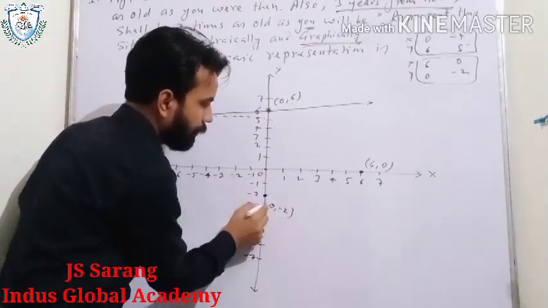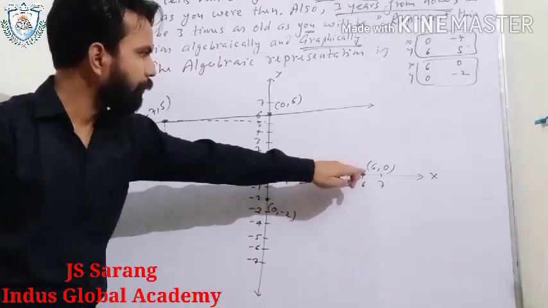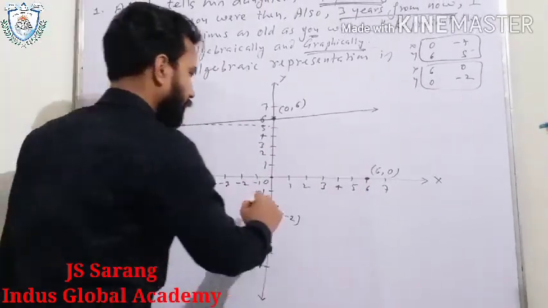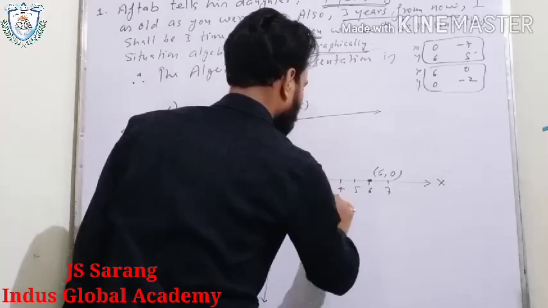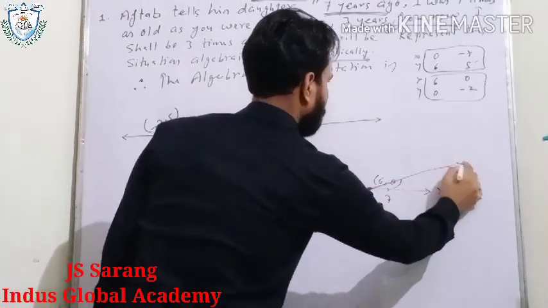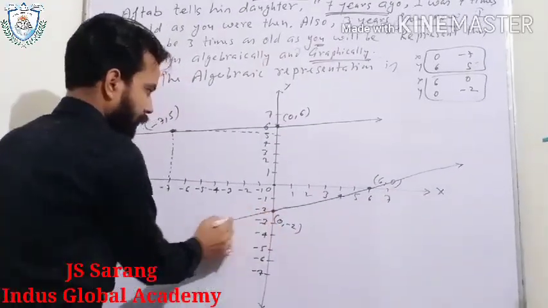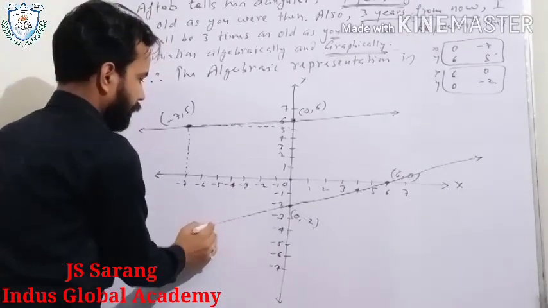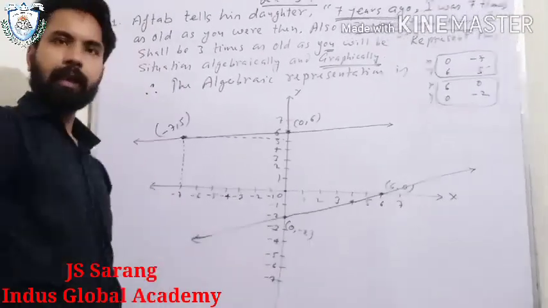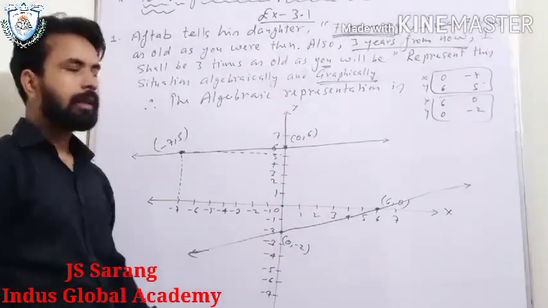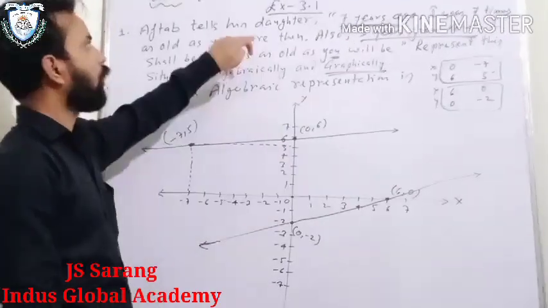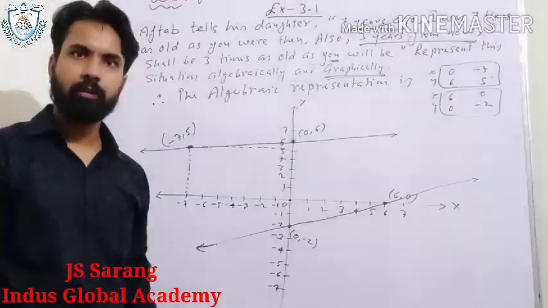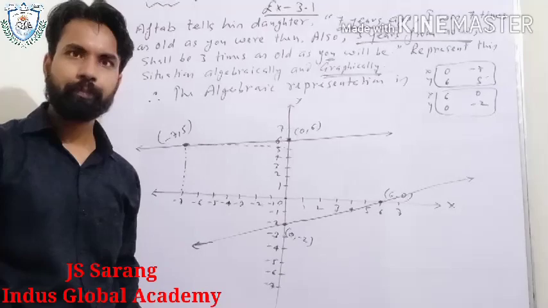Now we will have to join these 2 points with the help of a scale. Like this. Clear? So this is the graphical representation of this equation. Hope it is clear to everyone.